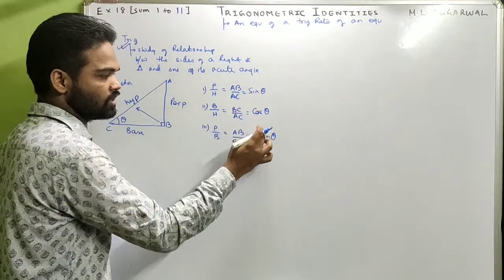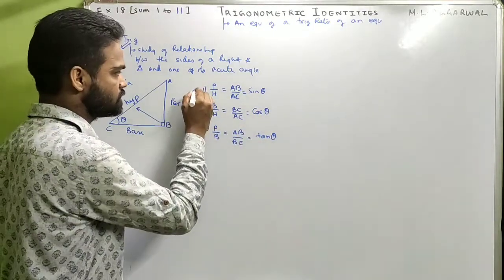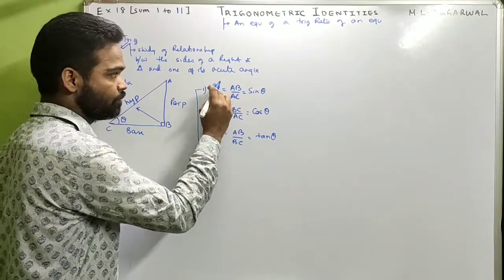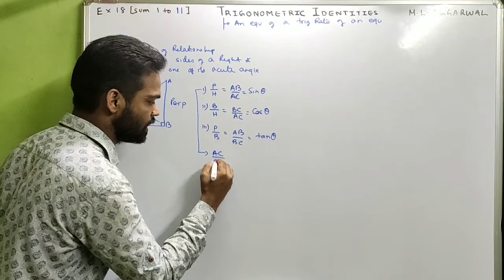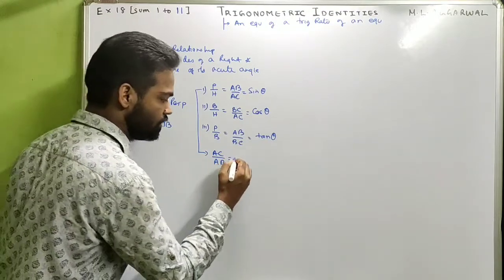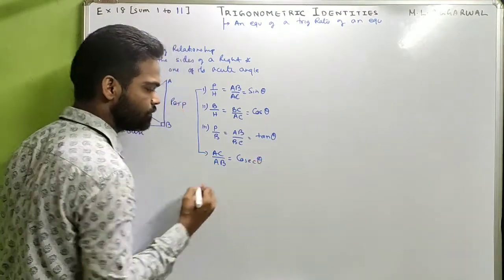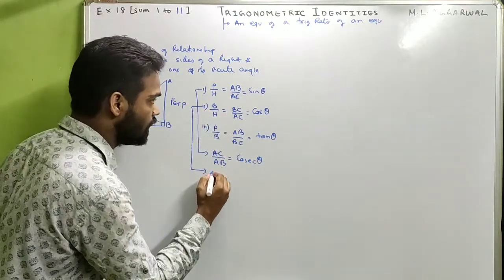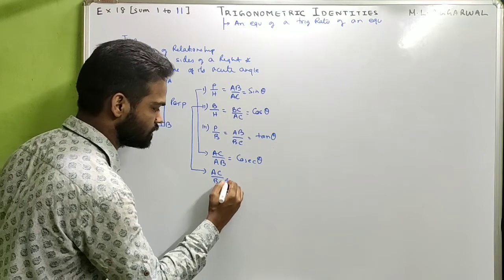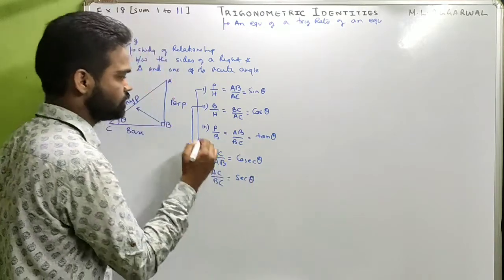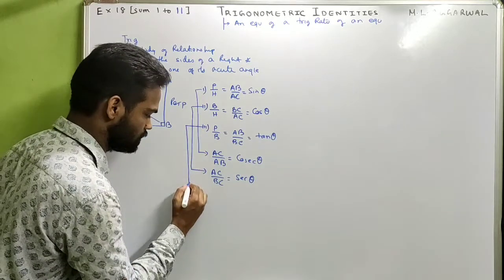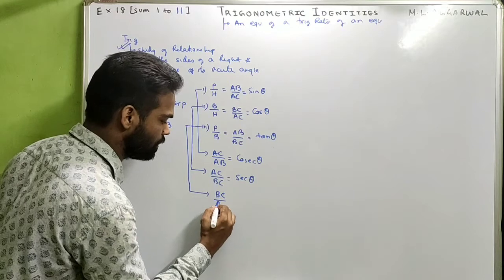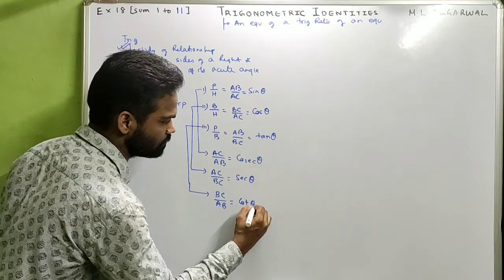Now sin theta, cos theta, tan theta, they have reciprocals also, which means the ratio between hypotenuse and perpendicular, which is AC by AB, is referred to as cosec theta. The ratio of hypotenuse to base is sec theta, and the ratio of base by perpendicular is cot theta.